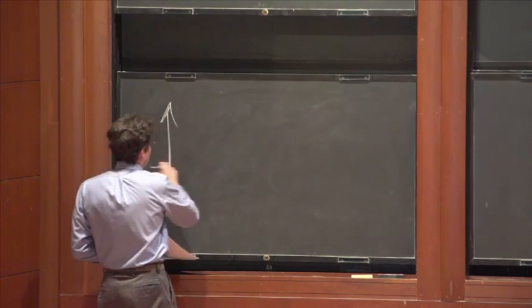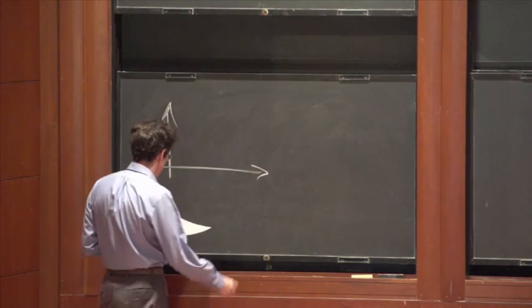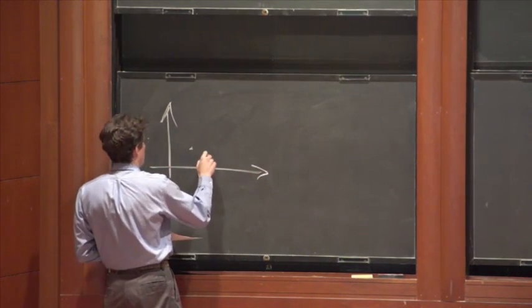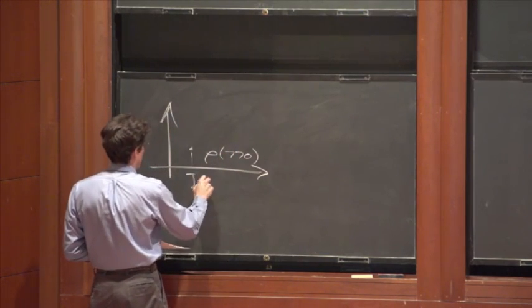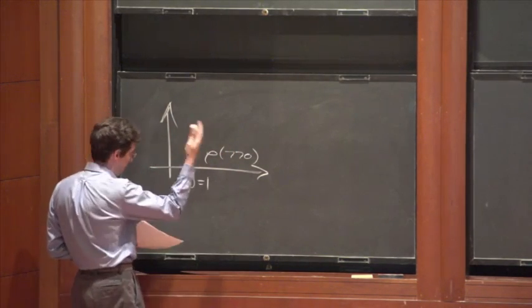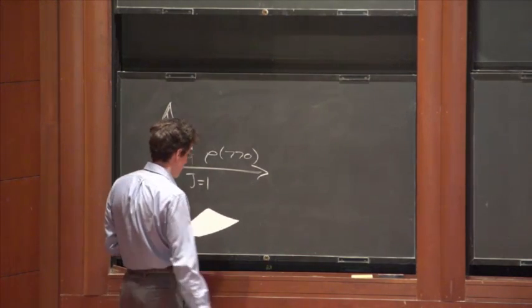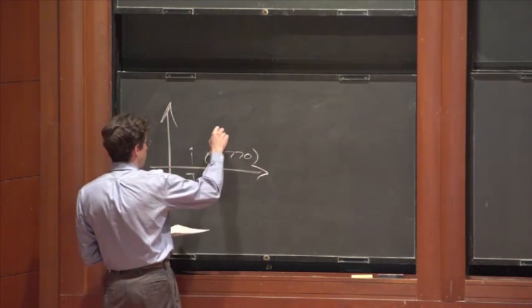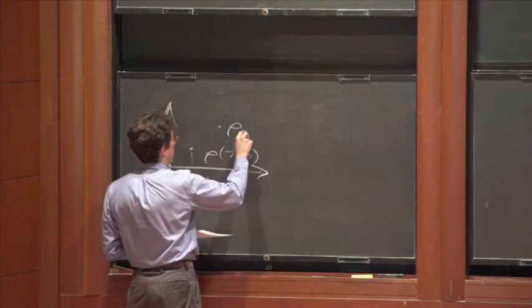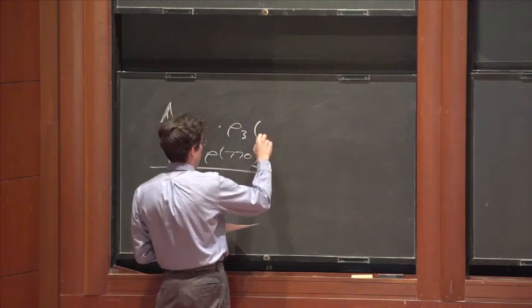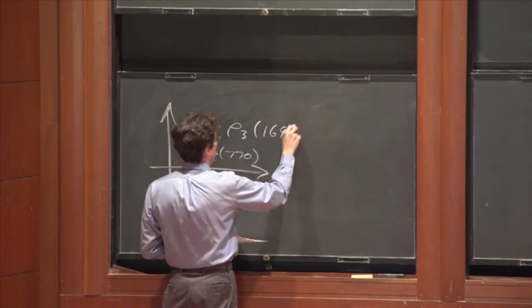And just to give you an example, if you look at the vector meson rho 770, it has J equals 1, mass equals 770 MeV. That's what this means. And then you've got a spin 3 version of it called the rho 3 at maybe about 1700 MeV.